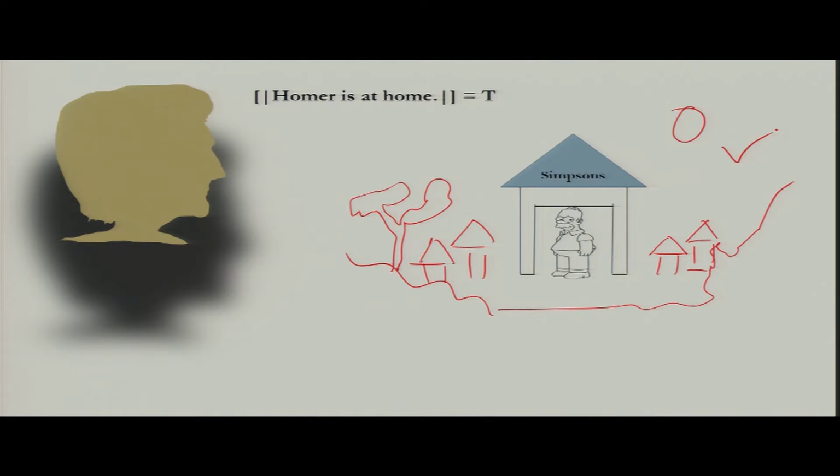We also need to see whether this is the case: whatever is denoted by home contains the object that is denoted by Homer. Only then it makes sense. So if this is the picture of our world, of our reality, then the sentence Homer is at home is true.